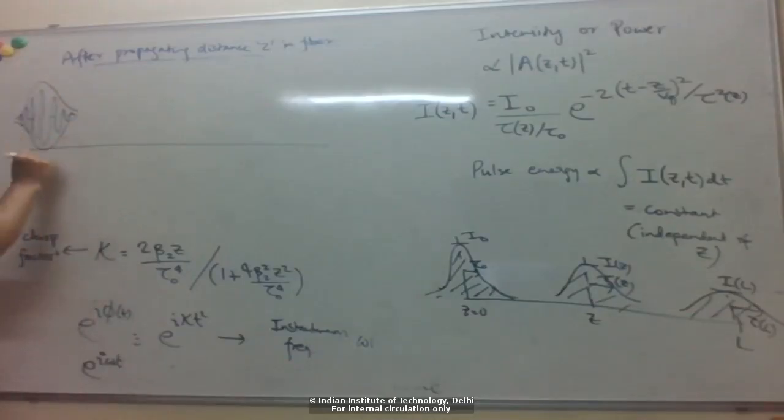So this was a0 of t, a Gaussian envelope.